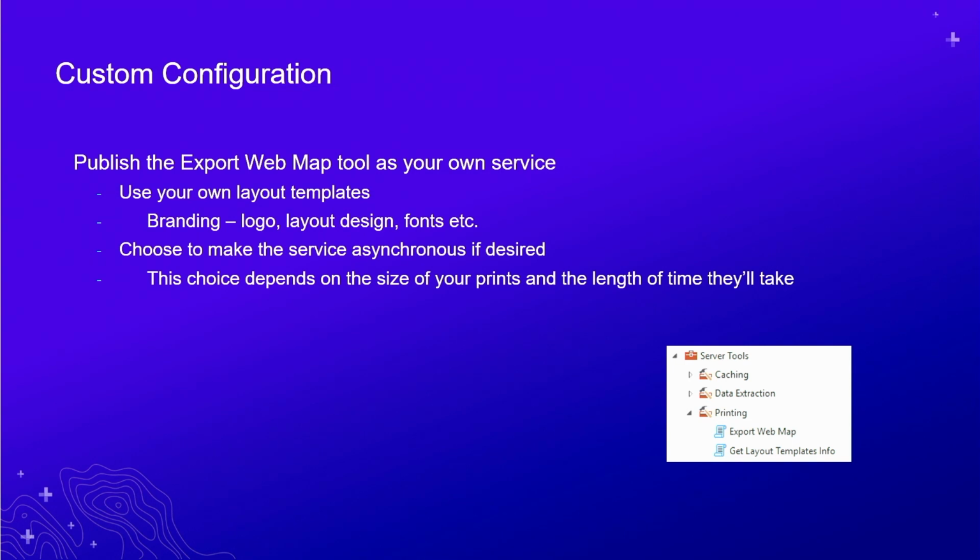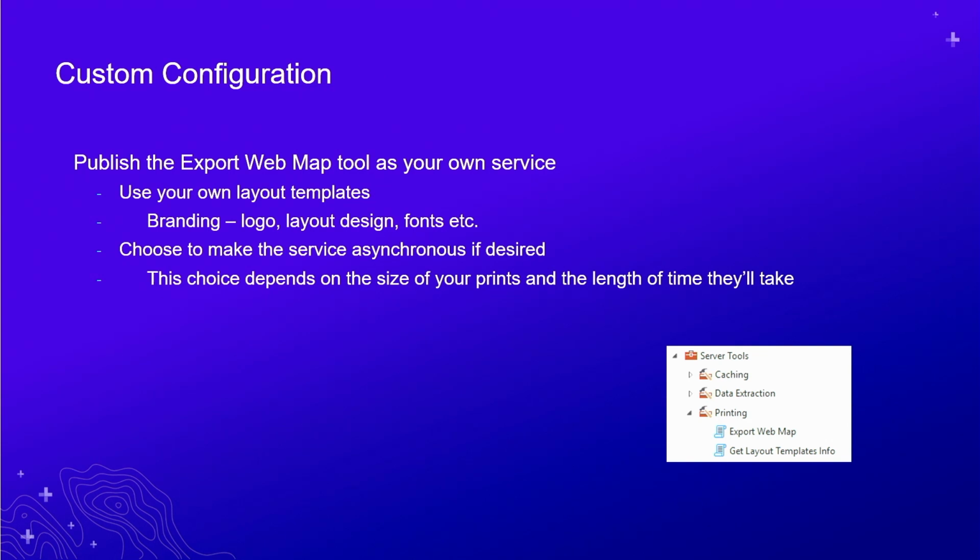That's when you can introduce your branding with logos or layout design, fonts, design your own content for how your printed layout works. You can choose to make the service asynchronous. You'll primarily make it asynchronous if you're going to do really lengthy prints, very large sheets, for instance. But there's a lot of flexibility here with how you publish that service.